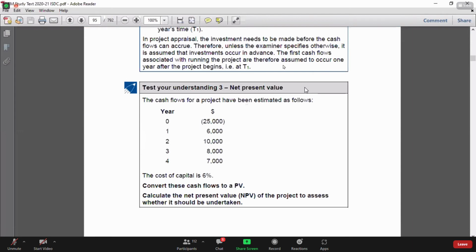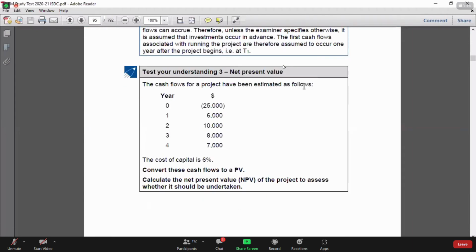Now there is one question relating to this. The cash flows for a project have been estimated as follows. So what does this 25,000 mean?